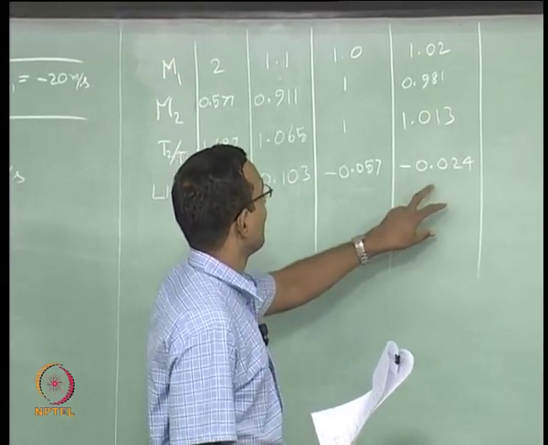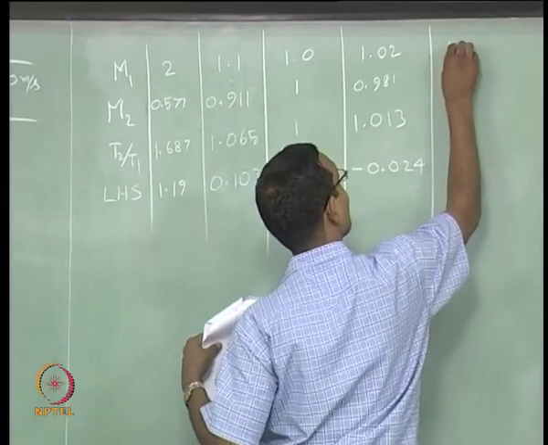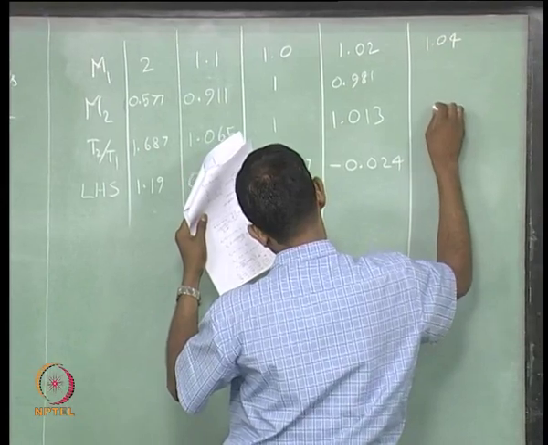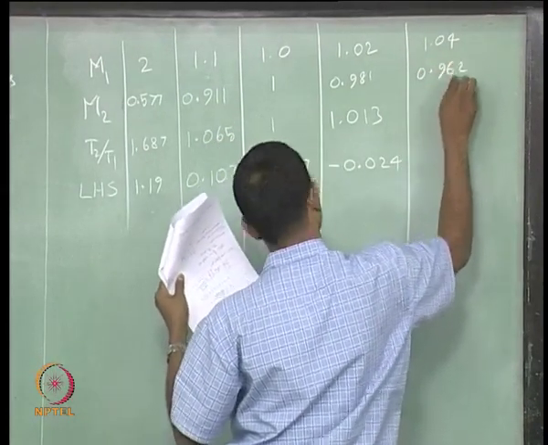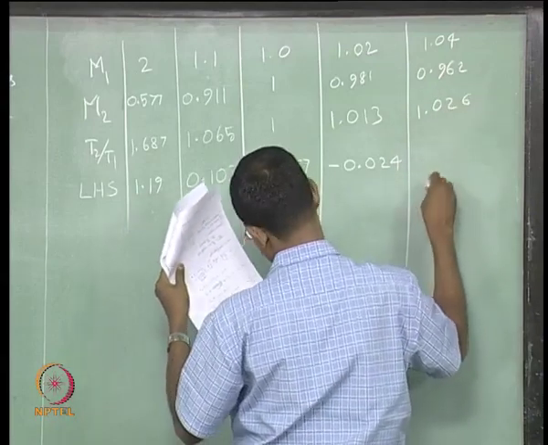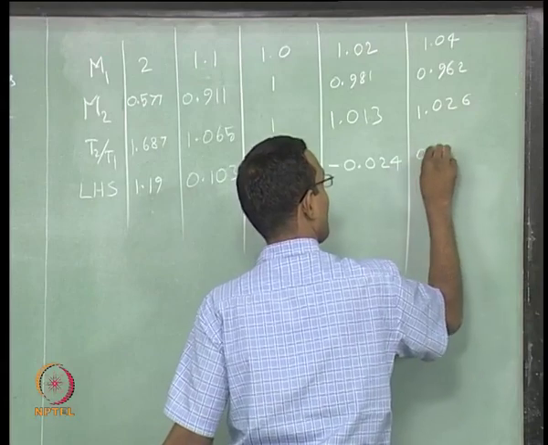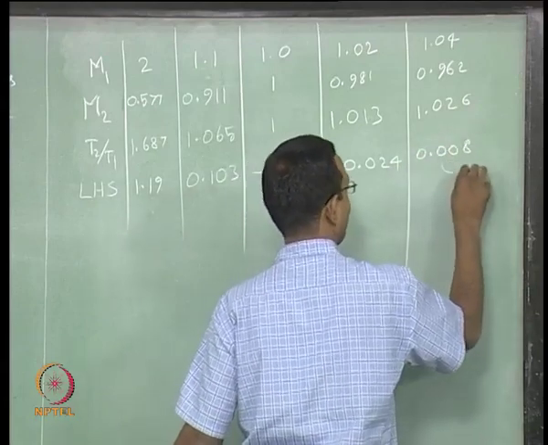So I have to increase from here a little bit, go 1.04. 0.962, 1.026, and this number comes out to be 0.008, which we will say is approximately 0.